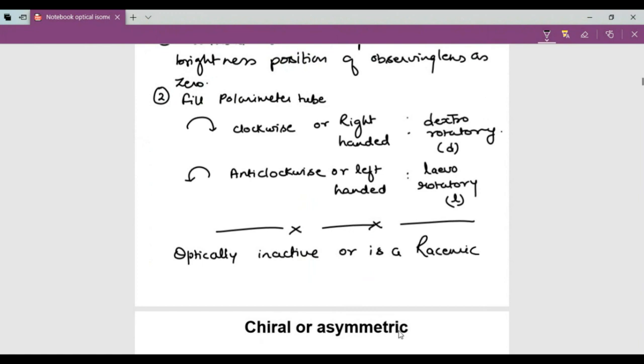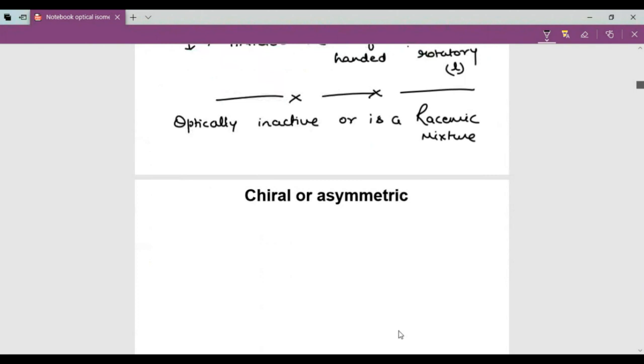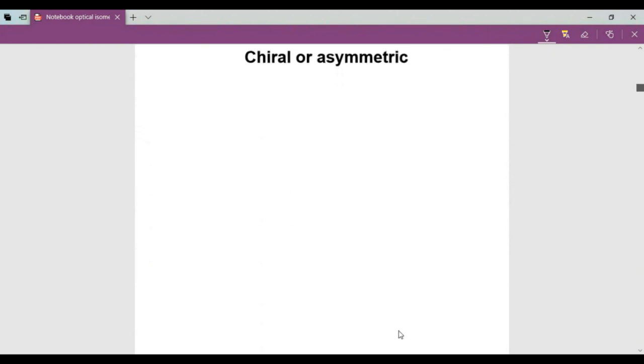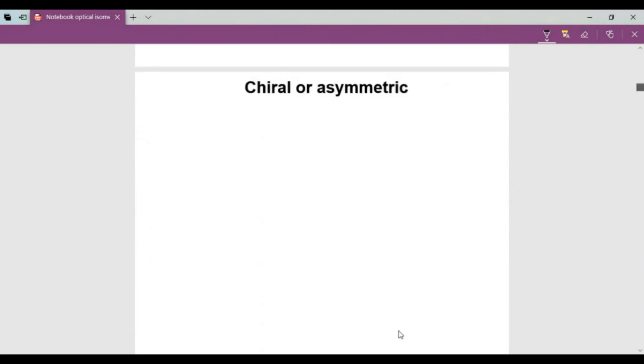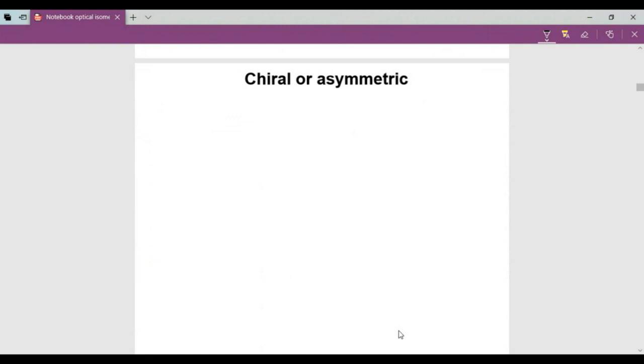We'll deal with this term in the later half of the lecture. Now, those compounds which have some effect on the PPL, as we just discussed in the polarimeter experiment, what is their characteristic structure? The structural feature that results in optical activity is chirality, or asymmetry.